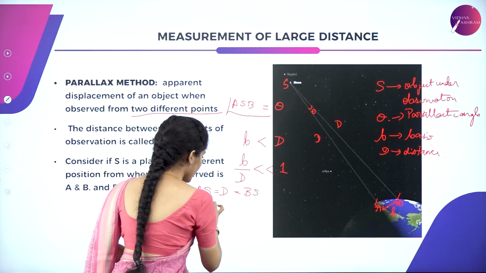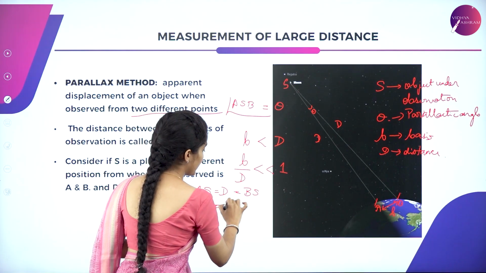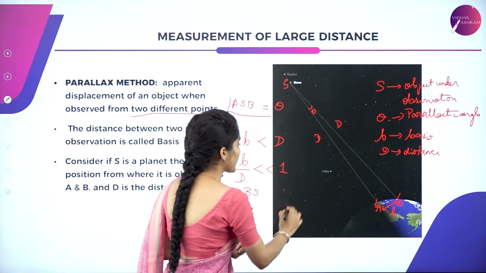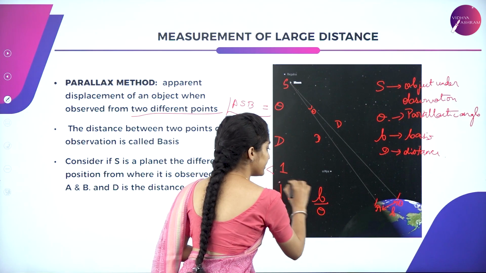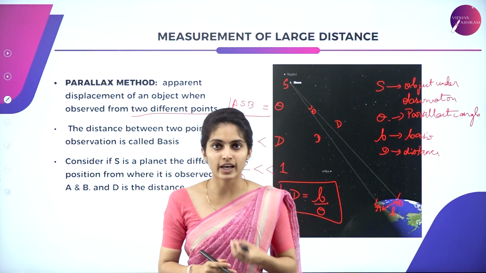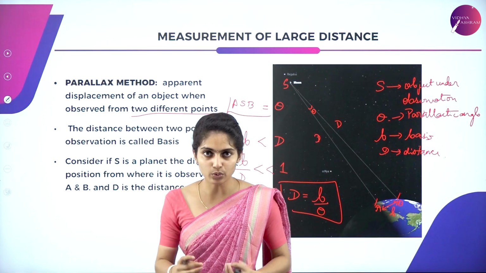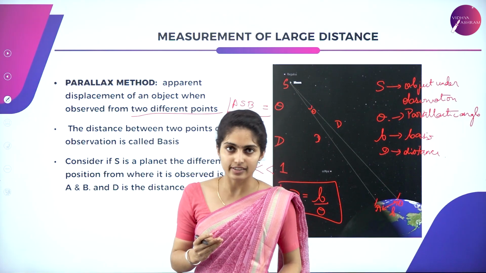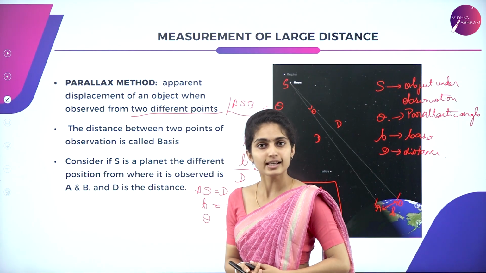If b is the basis, that is b equals AB, then theta is the parallactic angle, and you can write D equals b divided by theta. A similar method is used to calculate the angular diameter as well. So this is the parallax method, which is used to measure objects at greater distances. This is one of the methods which we have studied now.